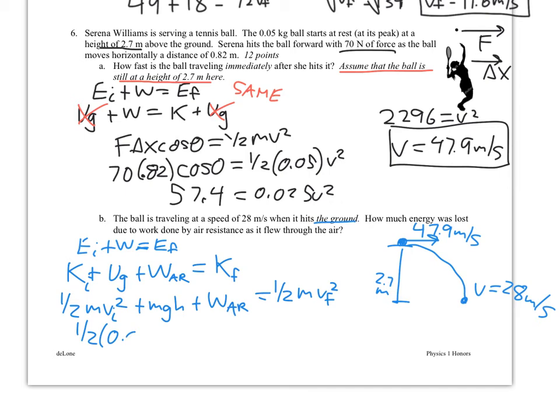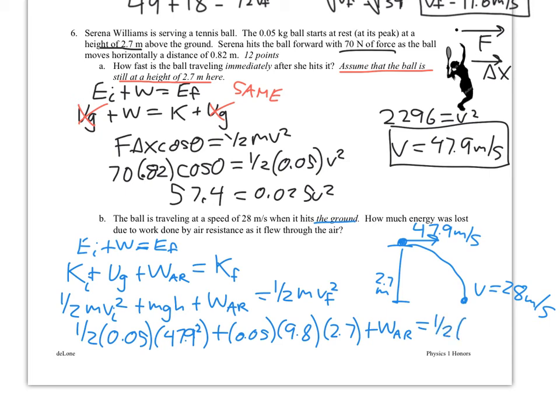So we sub in our mass here and our velocity that we just got from part B. We have our height, that 2.7 meters above the ground, plus our work done by air resistance, and that's going to be equal to our final kinetic energy when we're traveling at a speed of 28 meters per second.